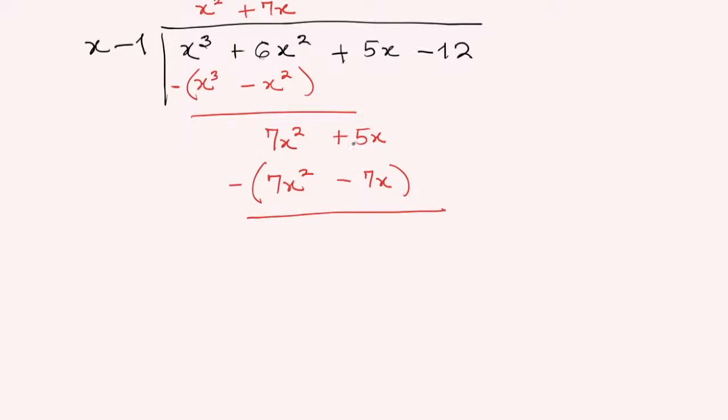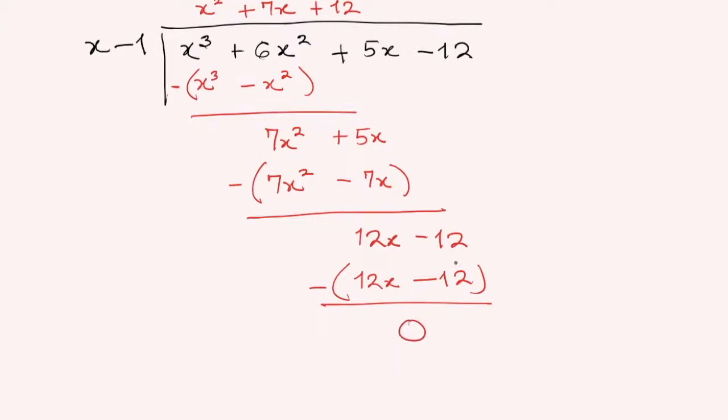So this is plus 5x plus 7x, and that's equal to 12x. We bring down the next term here, which is 12. 12x divided by x is plus 12. So 12 multiplied by x is equal to 12x. 12 multiplied by minus 1 is equal to minus 12. Now these two are the same, so subtracting them would result in 0.